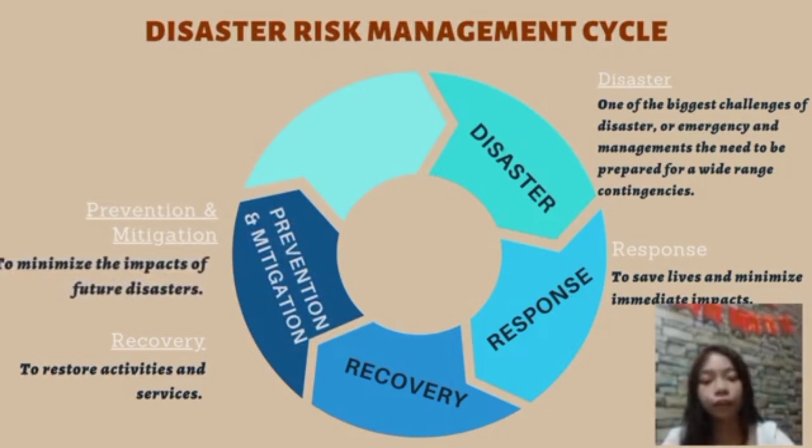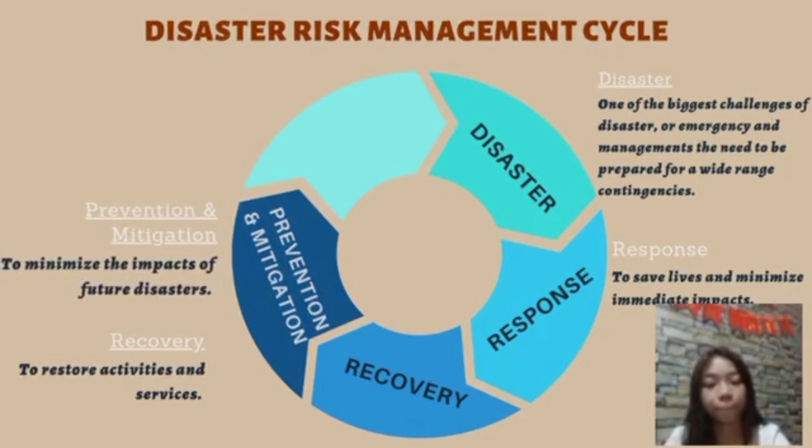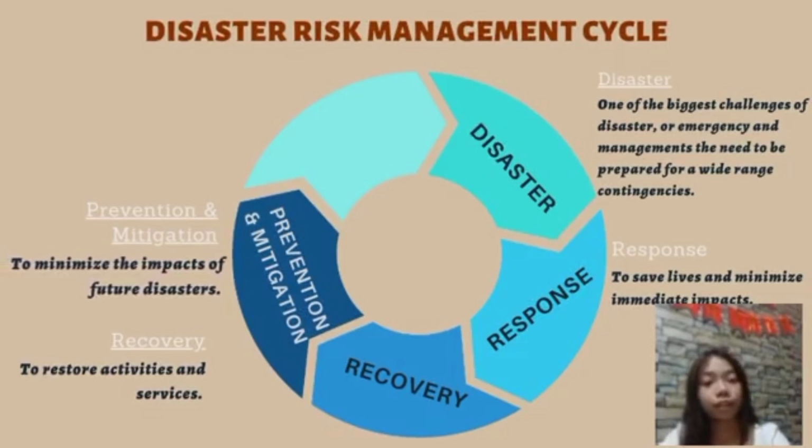After that, there is a prevention or mitigation. Prevention and mitigation is to minimize the impacts of future disasters. Mitigation is minimizing the effects of future disasters, for example, building codes and zoning, public education, vulnerability analysis.